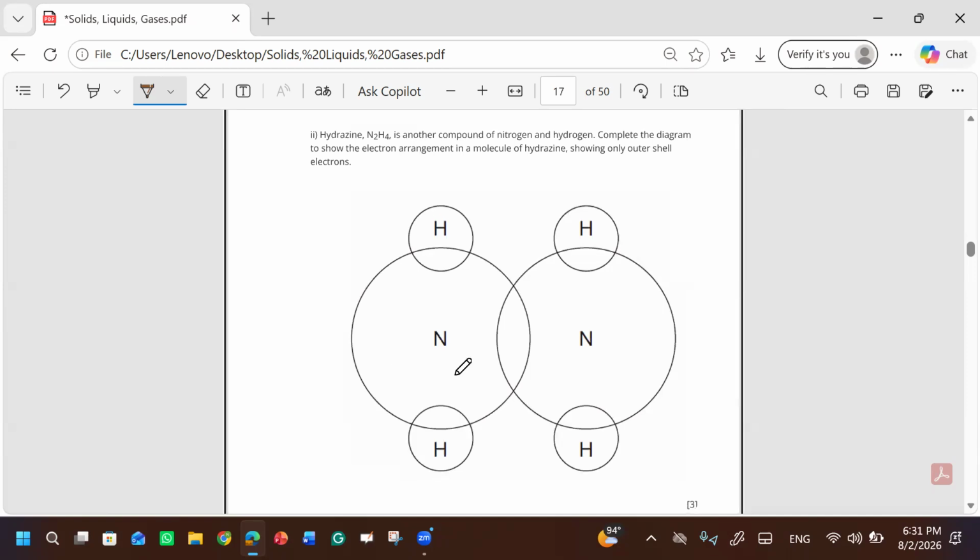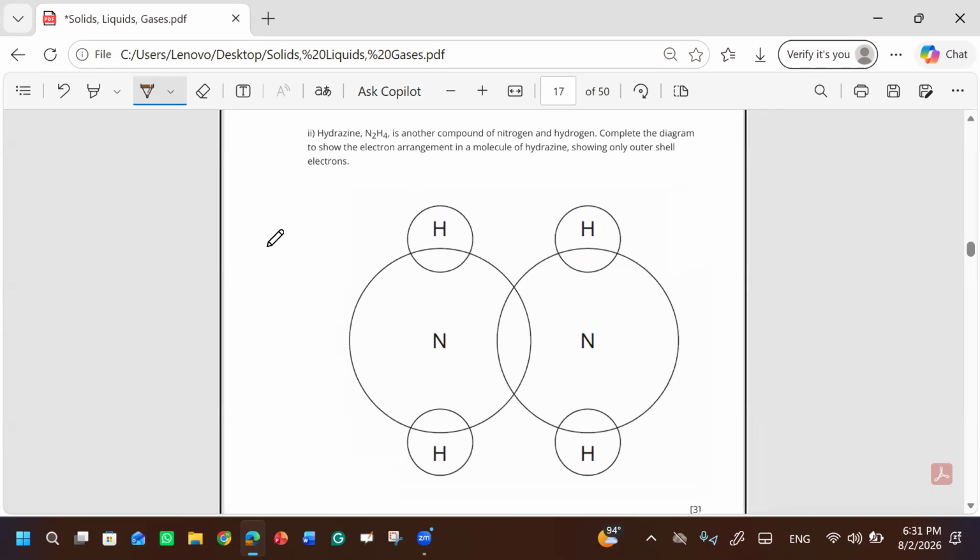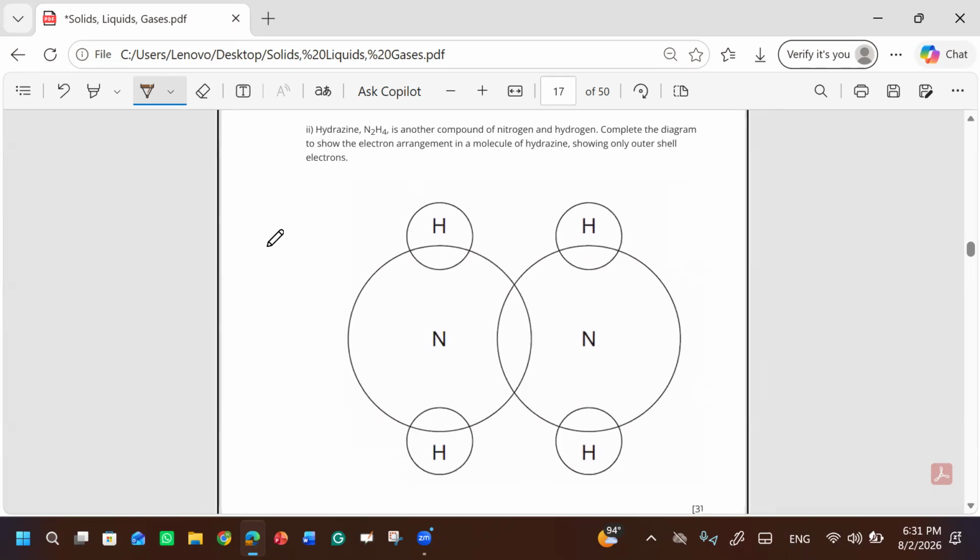Then we have hydrazine, in which there are two nitrogens. Complete the diagram to show the electronic arrangement in a molecule of hydrazine. Show only outer shell electrons. How can we show this? Where can I add the electrons?